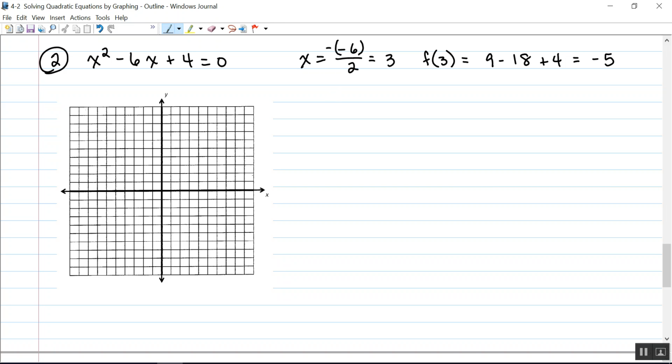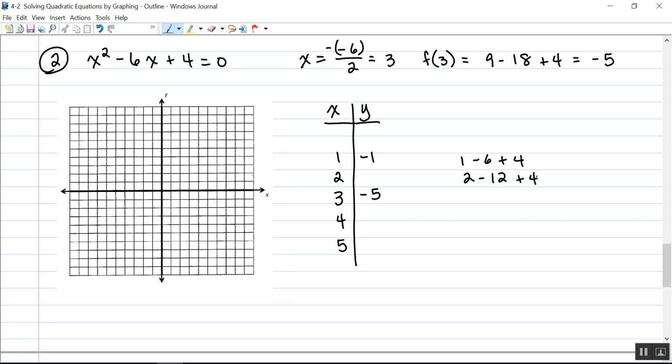So making my table of values here, I'm going to put 3 and negative 5. And I'll choose two x values smaller and two x values larger. Go ahead and plug those in. So plugging in 1, that's going to give me 1 minus 6 plus 4, which gives me a negative 1. Plugging in 2, I'll get 2 minus 12 plus 4, which gives me a negative 4.